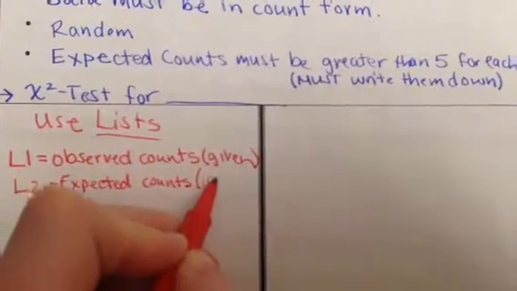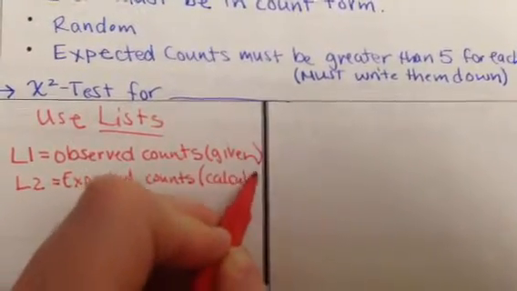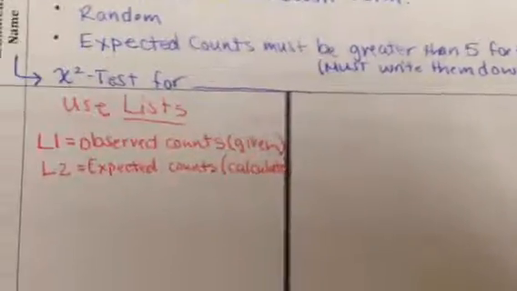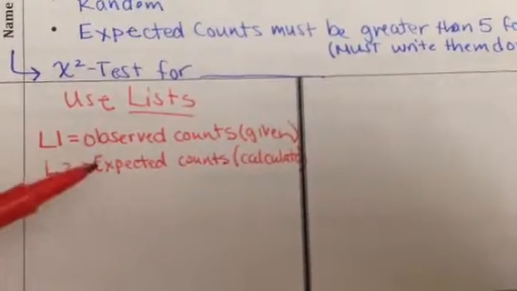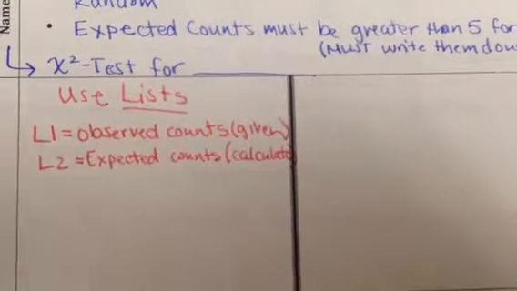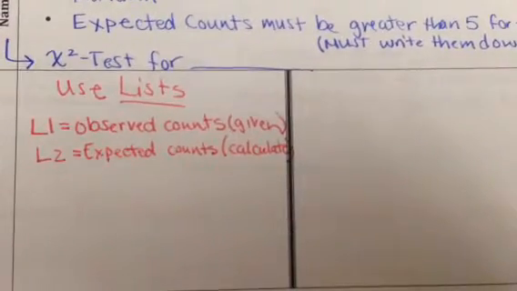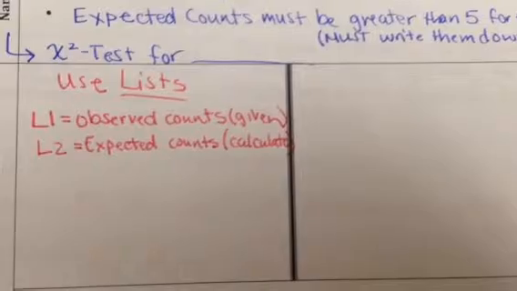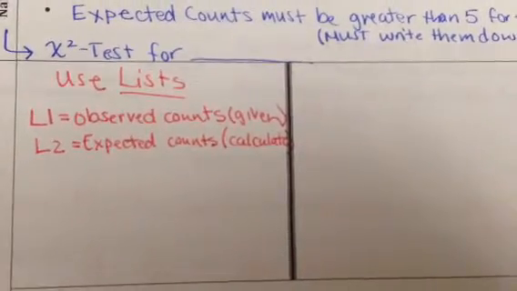And that you need to calculate. I'm not going to go and remind you again how to calculate them, but if they give you percentages, you have to figure out how many would be in each category. If it's uniform, you just have to evenly divide up the sample to get your expected counts.